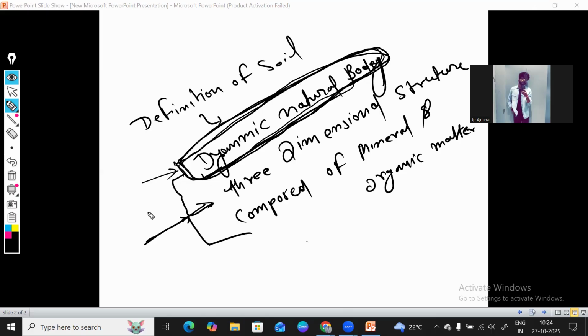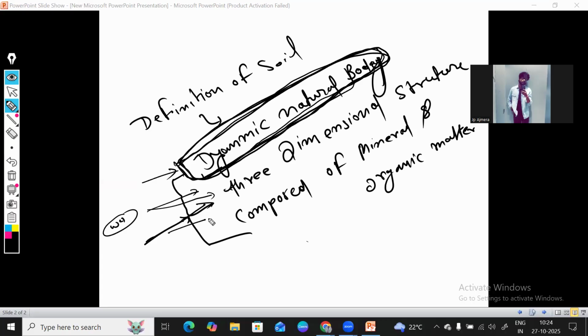Three-dimensional structure: what is that? It means length, width, and depth or height, so it occupies all three axes. So the second one is also complete: it is a dynamic natural body with a three-dimensional structure.